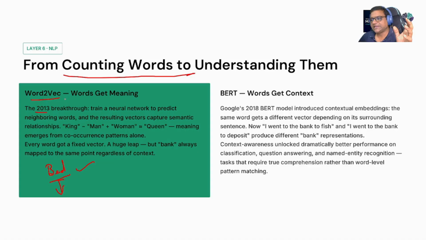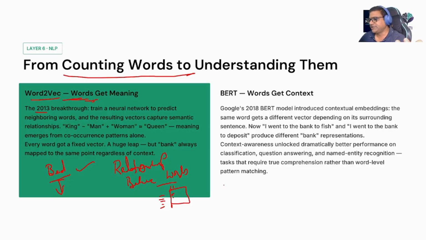So that's where we got Word2Vec. Word2Vec helped machines understand the relationship between words, based on the semantic vector. There is a vector database saying that for this word, this is the meaning, again in vector form, numeric form.